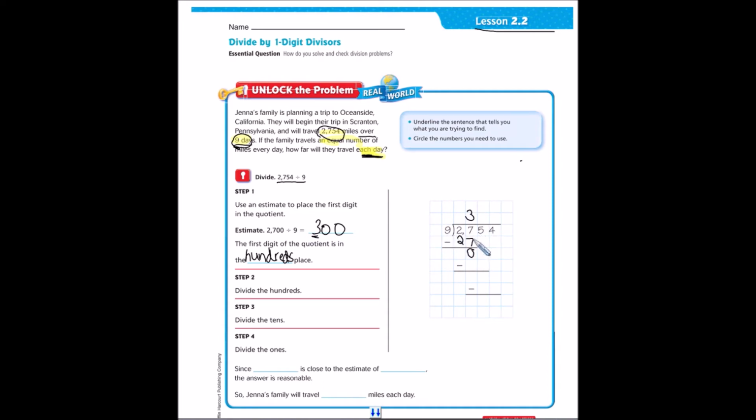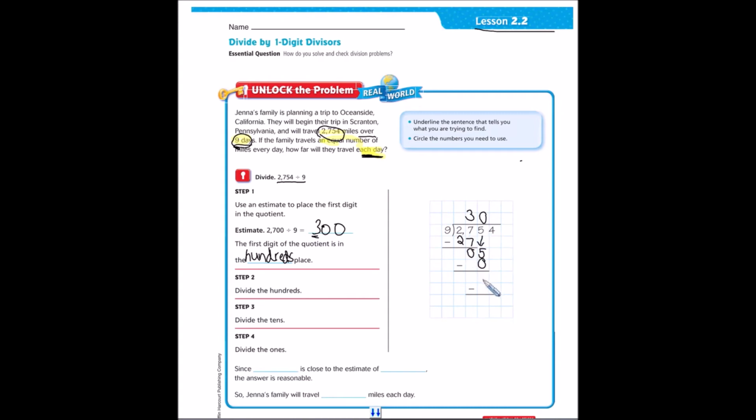Now I'm going to divide my 10s. Bring down my 5 tens. And I say to myself, how many times does 9 go into 5? Well, I know that 5 is smaller than 9, so it cannot. It will go in 0 times. And 9 times 0 is 0.